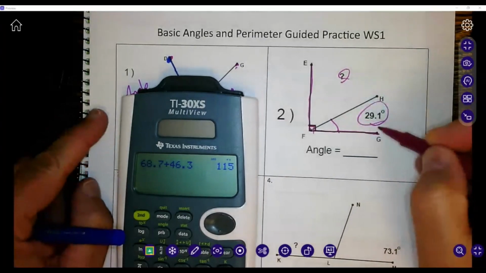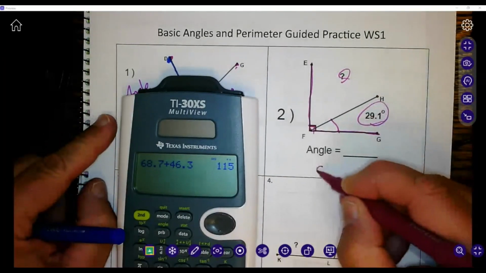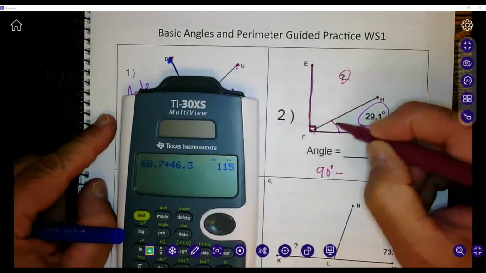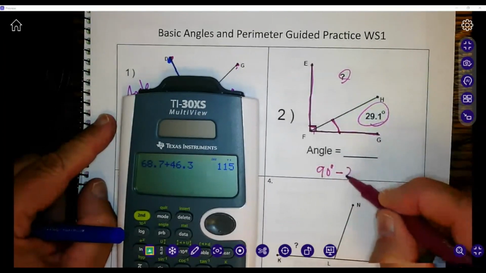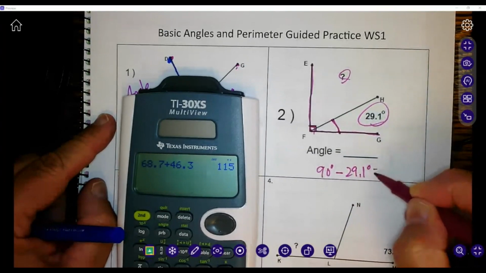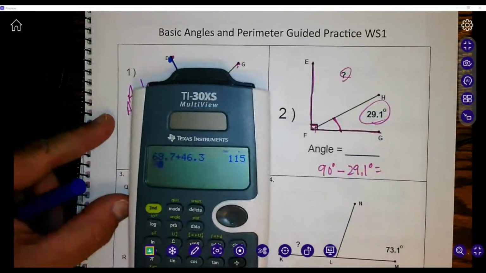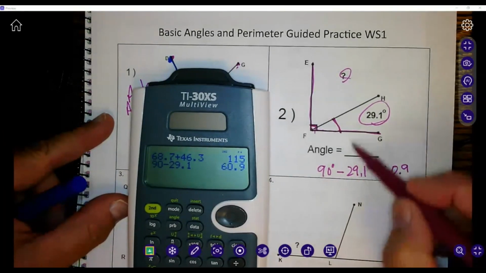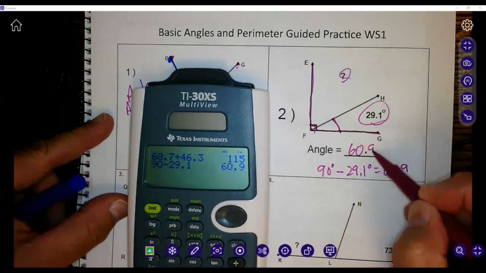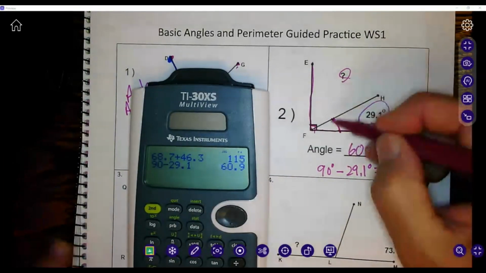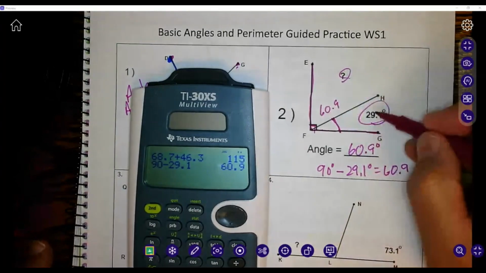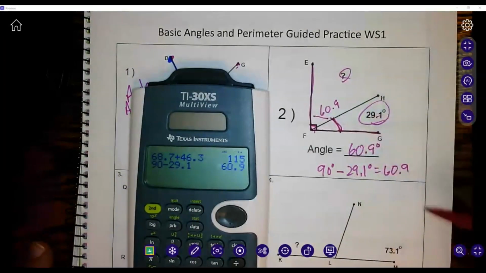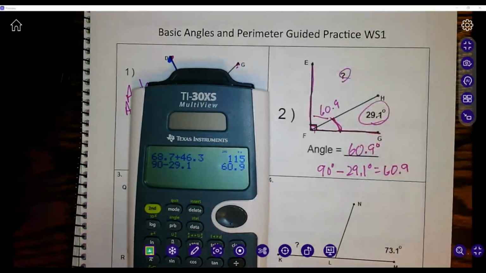And so what we're going to have to do is take 90 degrees and subtract the angle that we know, 29.1 degrees. And when I punch that in my calculator, 90 minus 29.1, we should get 60.9 degrees. Because 60.9 and 29.1 would add up to give us 90 degrees.